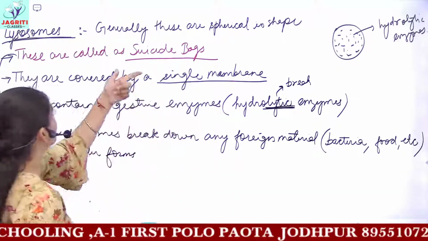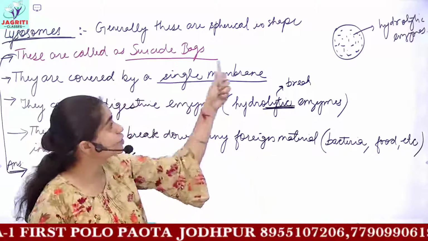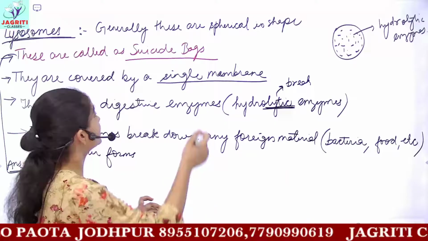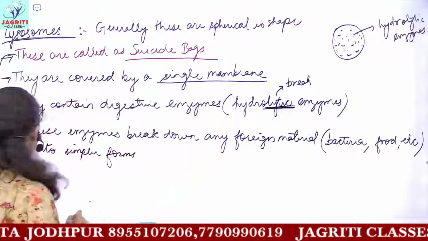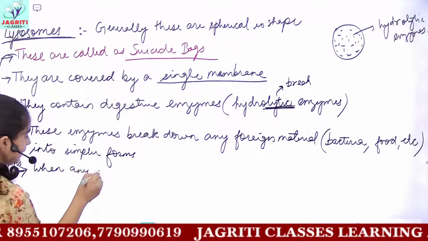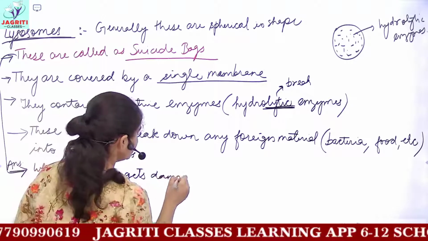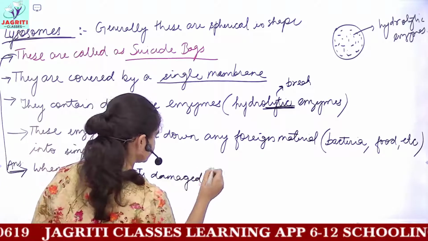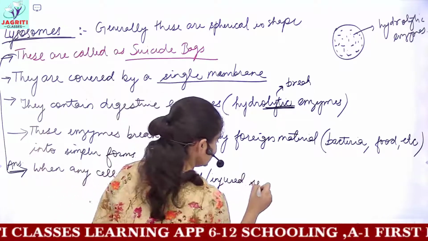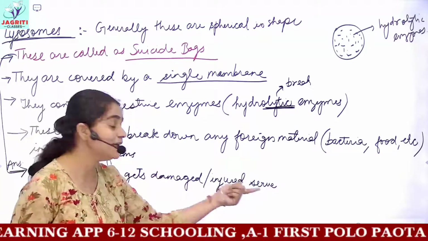So this is why these lysosomes are called suicide bags, because the lysosomes which are present inside the cell are themselves responsible for the death of the whole cell. So the answer to this would be, when any cell gets damaged or injured severely, these lysosomes burst, only during the time of severe injury.